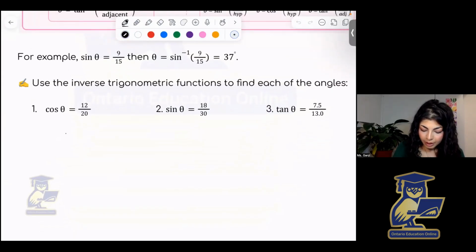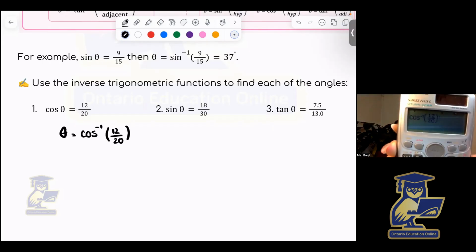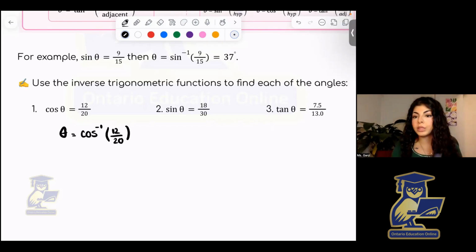So here, if I want to solve for theta, I'm taking the inverse of cosine of 12 over 20. So I just put it in my calculator. I put inverse cosine and 12 over 20. And maybe I'll try to show you. This is what it looks like in my calculator. So we have the cosine inverse and then 12 over 20.